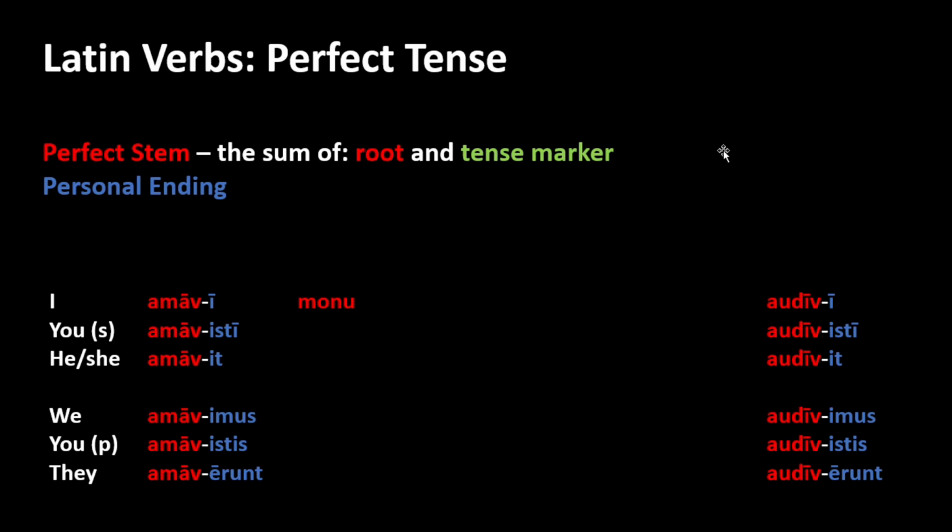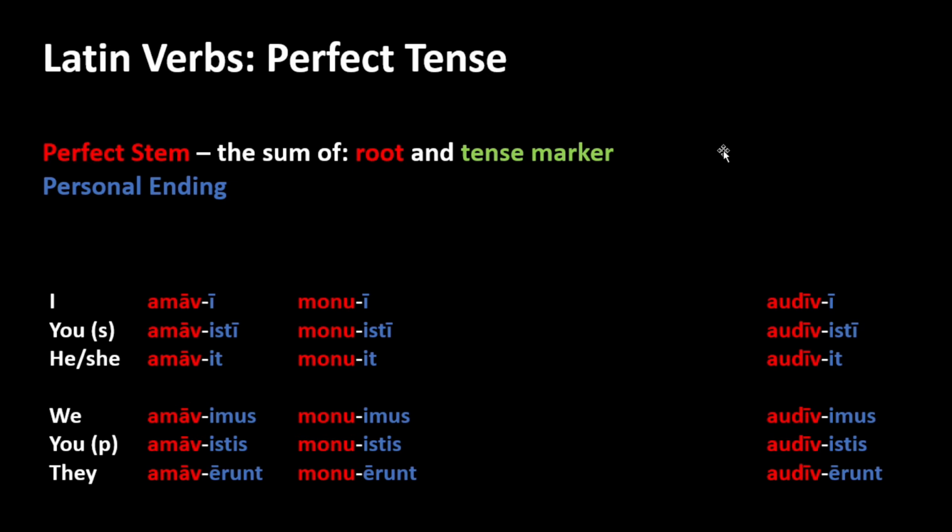Or perhaps you do, since V and U were the same letter for the Romans. But let's see how it continues. Monui. That's more reassuring. Monuisti, monuit, monuimus, monuistis, monuerunt. Not too bad, I suppose.